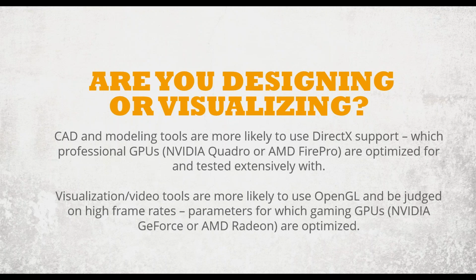And higher frame rates with OpenGL are exactly what gaming GPUs, which NVIDIA calls their GeForce series and AMD calls Radeon, are optimized for. So that would probably answer your question.